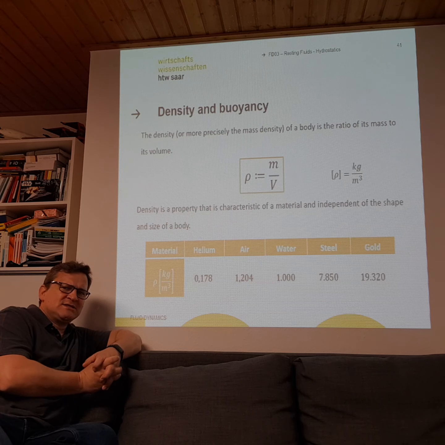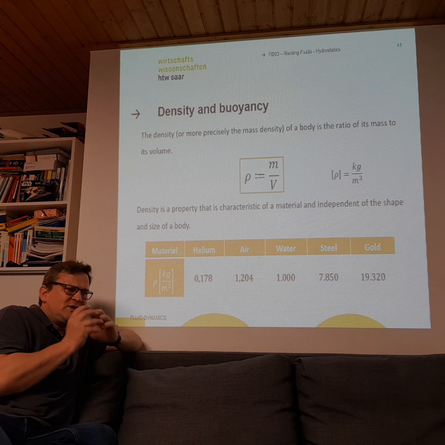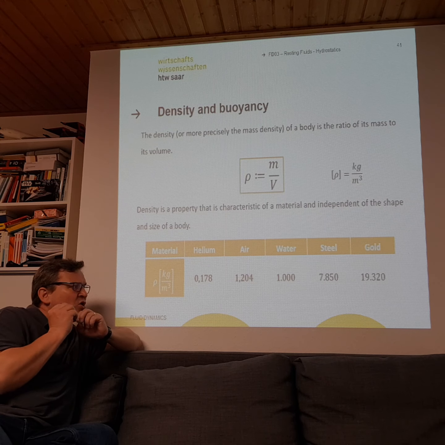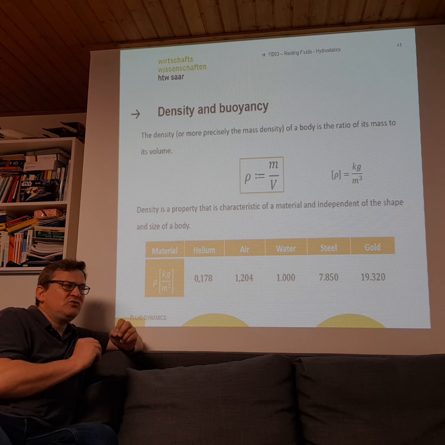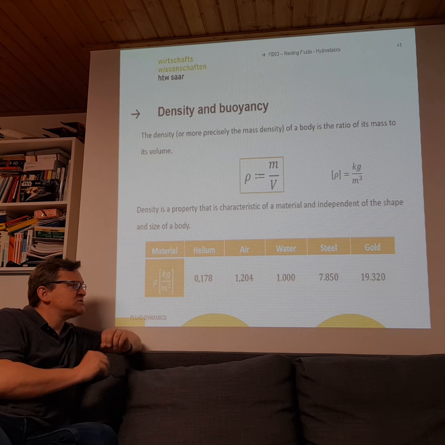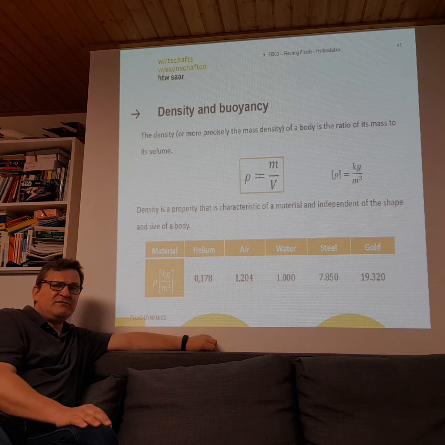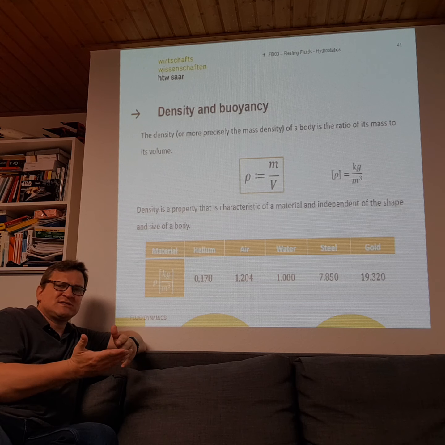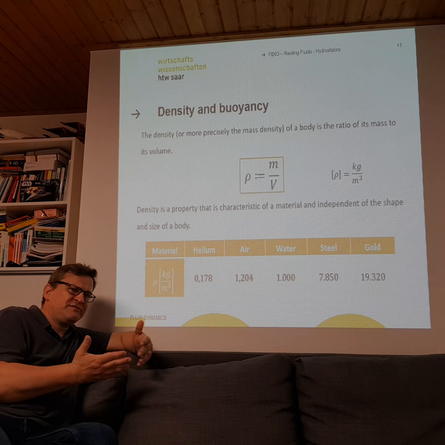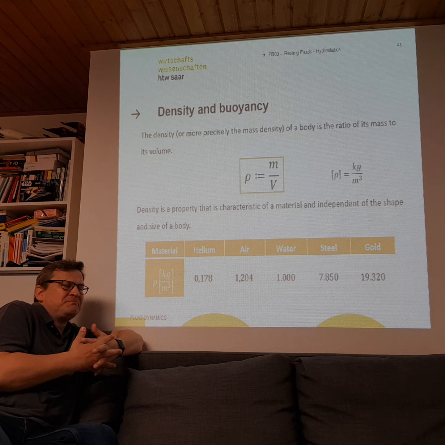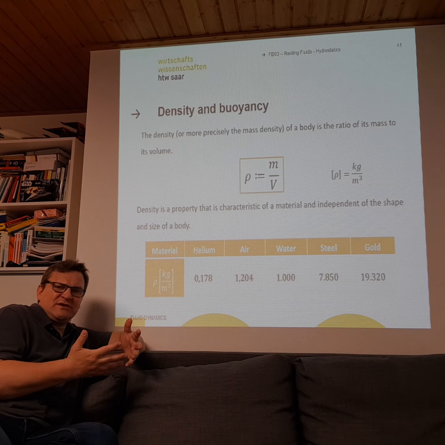But here in this lecture, you have to look really, really close at which fluid you use, which liquid you use, how it changes over temperature, and how it influences the behavior of the fluid flow. If you have two fluids and they have different viscosity or different density, they behave totally different.